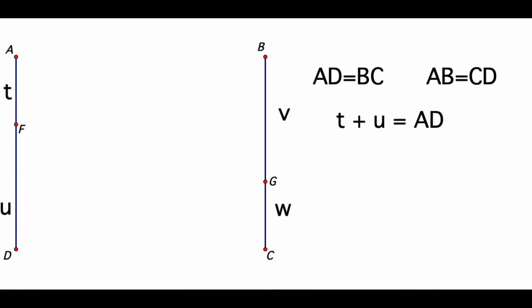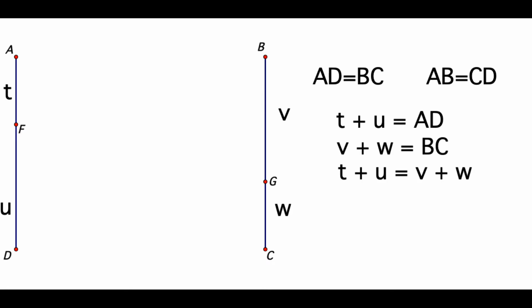Similarly, we can look at the other side of the rectangle and see that BC is really just V plus W. And since I know that AD is the same as BC, then I can say that T plus U equals V plus W.